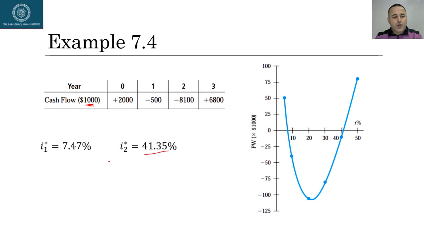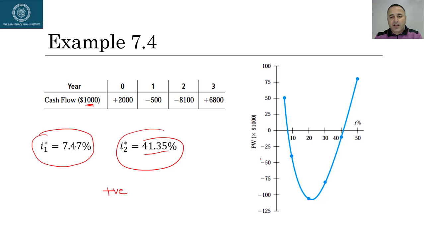But we may have situations where both the IRRs are positive. And we can also see the IRRs after plotting the present worth of the cash flow series for different interest rates. And as you can see, it is all positive.